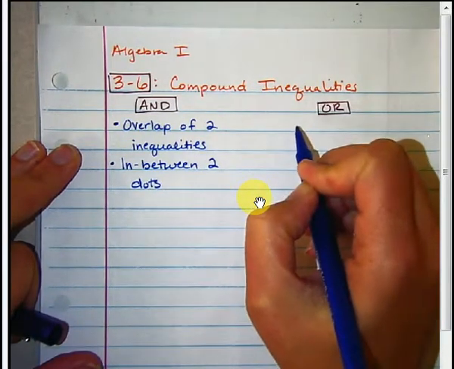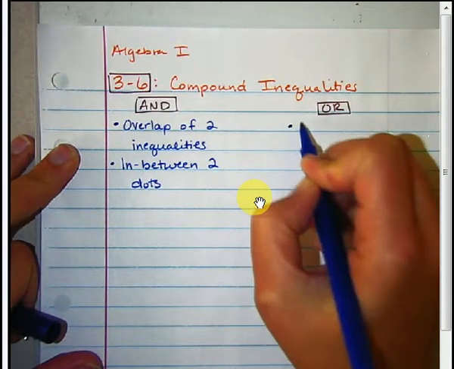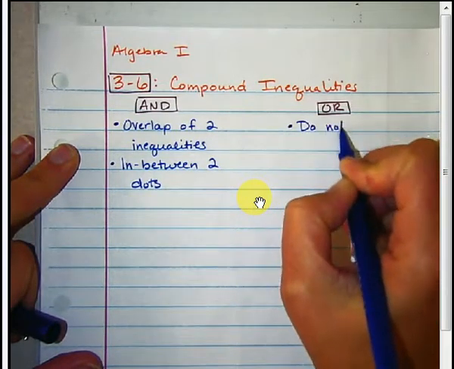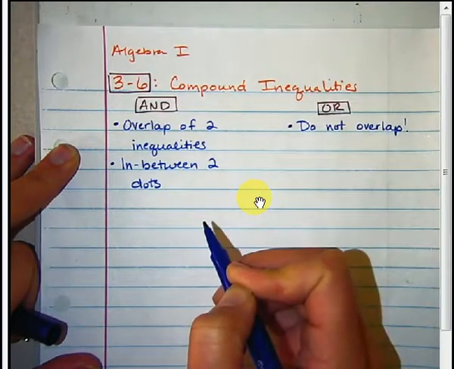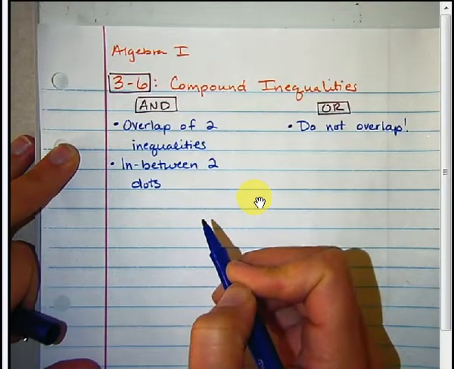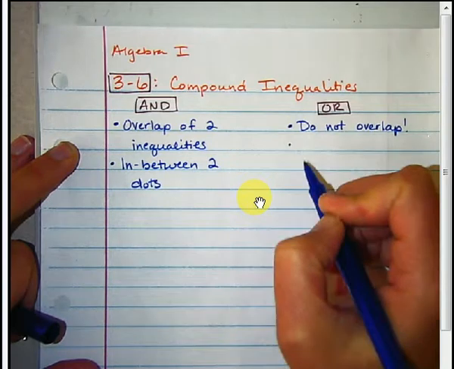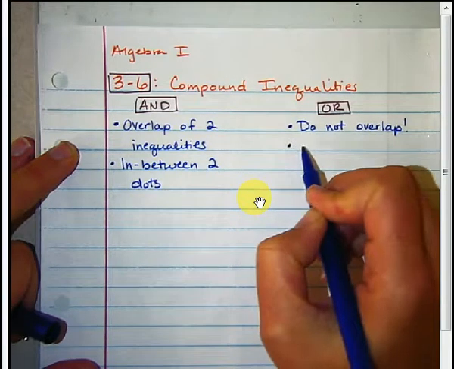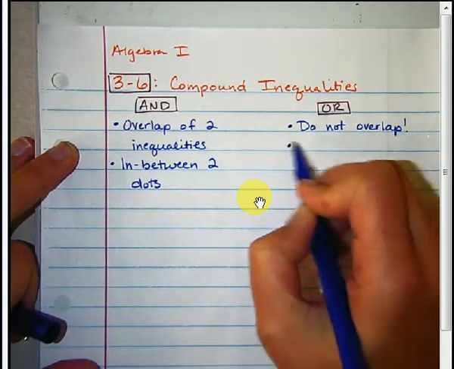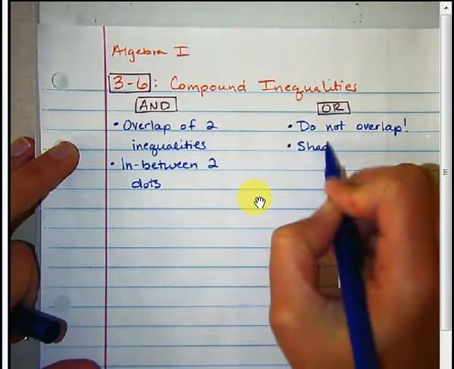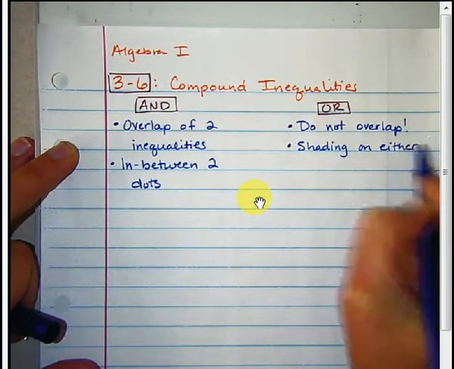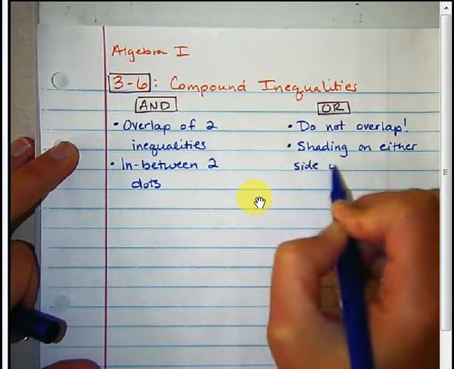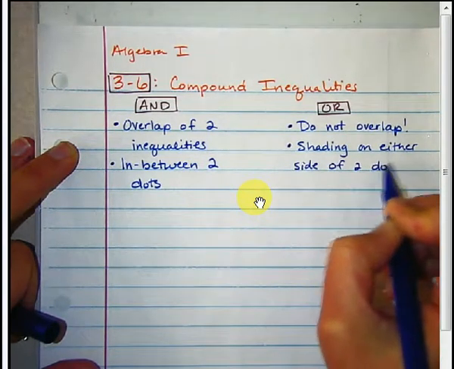For "or" functions, they don't overlap. They do not overlap. You are going to be shading on either side of the dots. So what you'll be shading in is on either side of two dots.